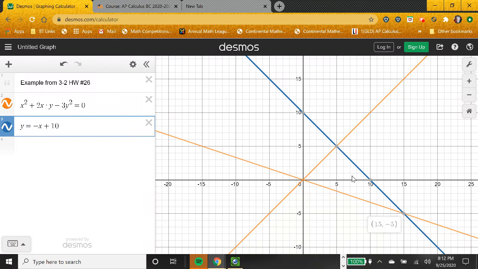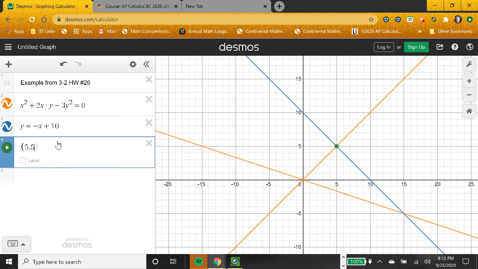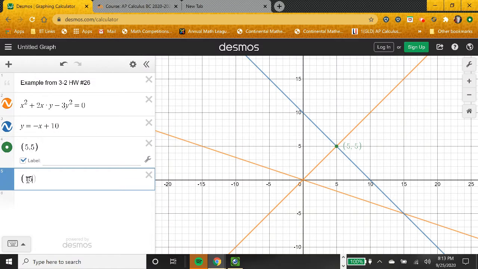And we can see clearly that it intersects in 2 points. And we suggested that it was 5, 5. Add a label. Well, that's true. And then 15, negative 5. It's what other point we solved. Okay, so the normal line cuts through this curve at 5, 5 and 15, negative 5.